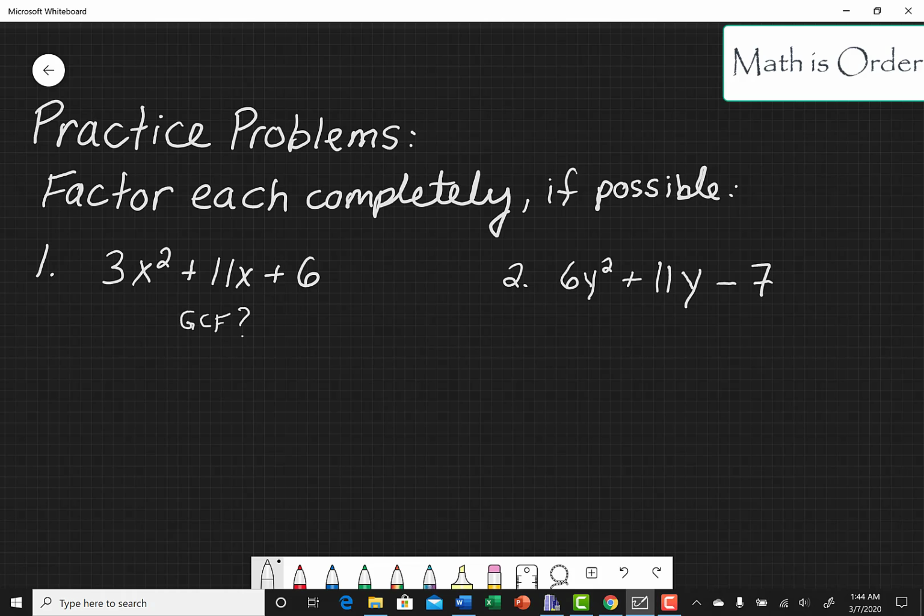Whenever you're asked to factor, you want to ask this question: is there a GCF? GCF means greatest common factor. In other words, is there some number or letter that's common in each term? Right? So there's no number that's common in each of these 3 terms. So no, there's no GCF.